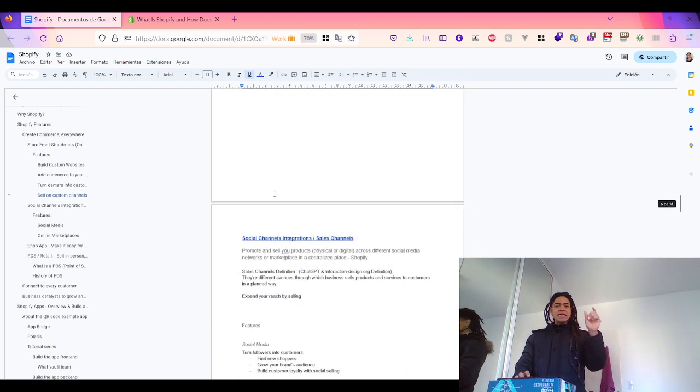The other is social channel integration as well as the sales channel. This is where you can promote and sell your products, whether digital or physical, across different social media and or marketplaces. It is important to understand the distinction between the sales channels and the touch points.